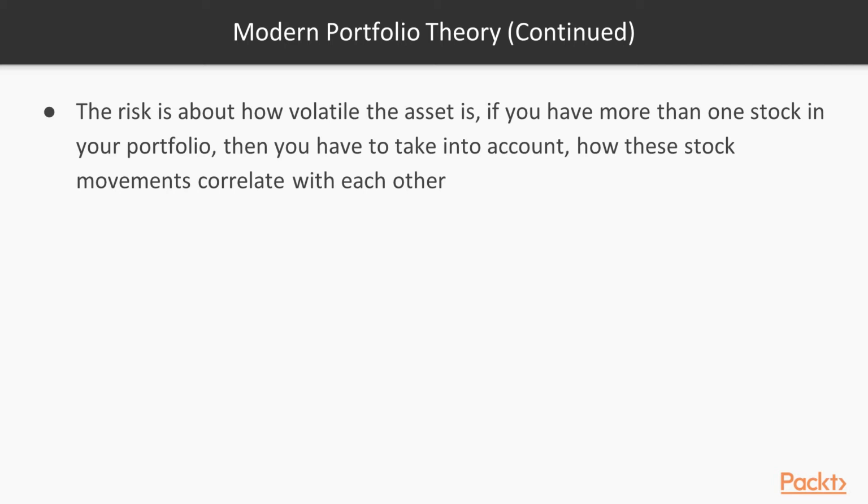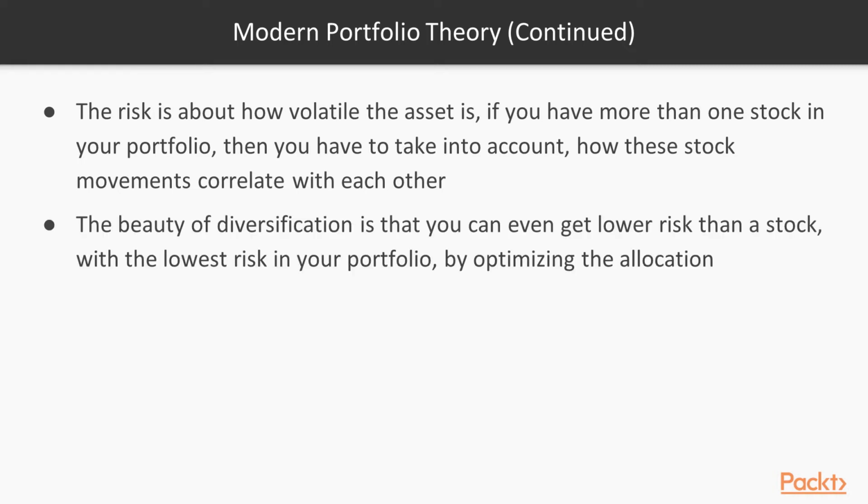But if upward movement in one stock and downward movement in another are highly correlated, it might cause certain kinds of problems. So we need to maintain a balance between all the stocks in our portfolio. The beauty of diversification is that we can even get lower risk than the stock with the lowest risk in our portfolio by optimizing the allocation. We'll see this as we progress in the section.